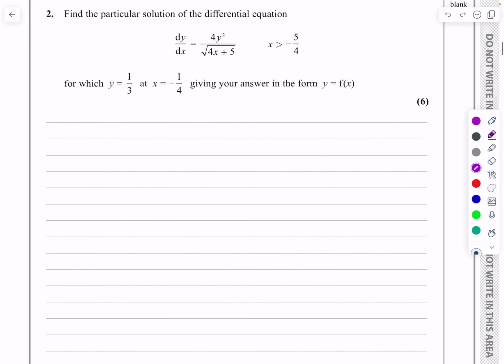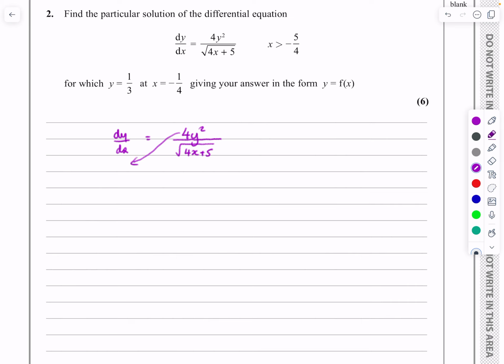So we're starting off with dy by dx is equal to 4y squared all over the square root of 4x plus 5. So I can see that I'm going to separate the variables out here. What that means is I'm going to get all the y's onto one side.